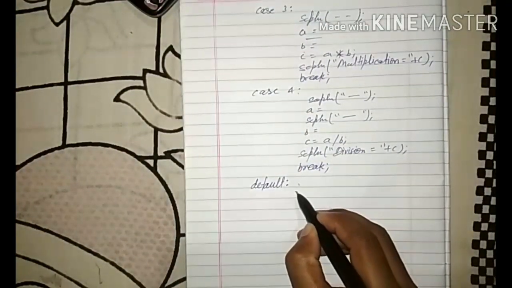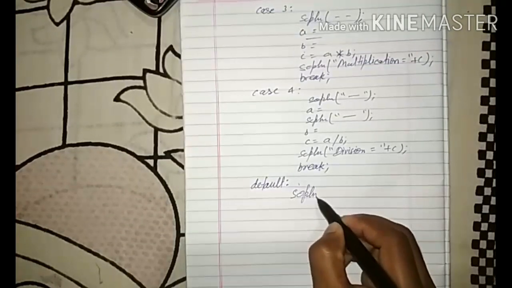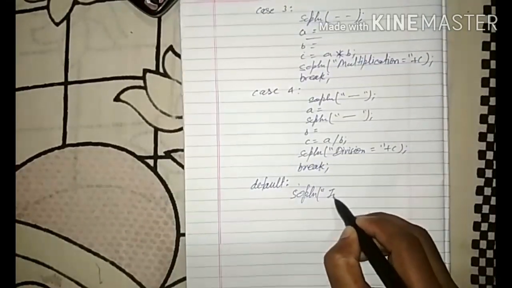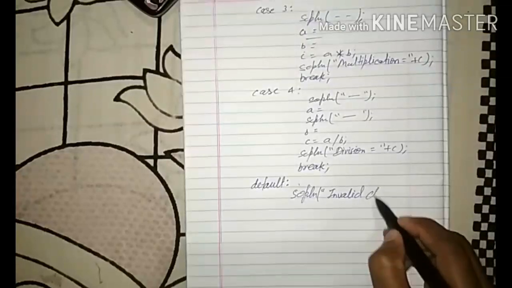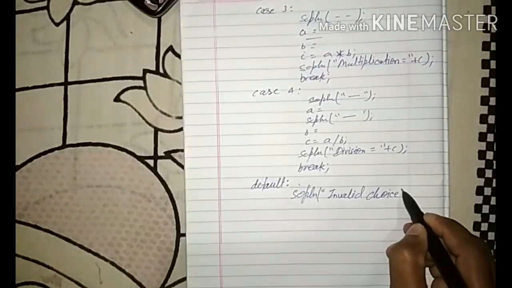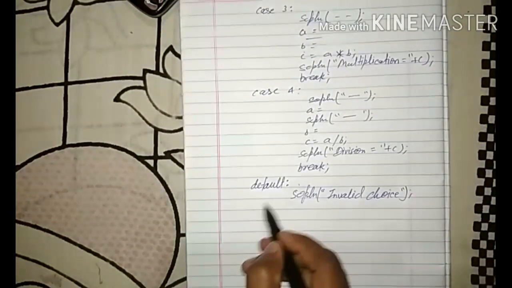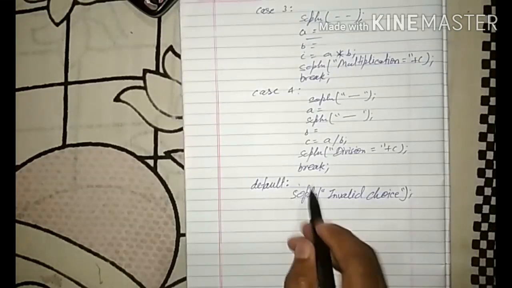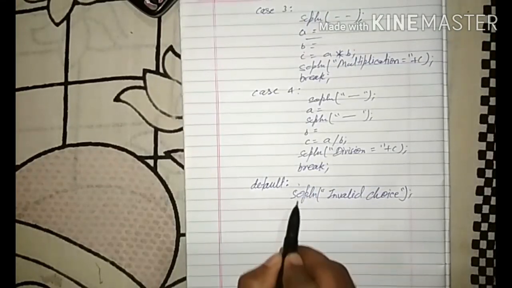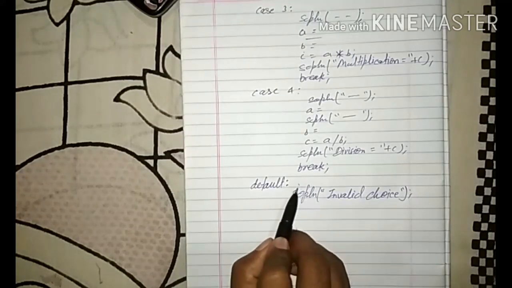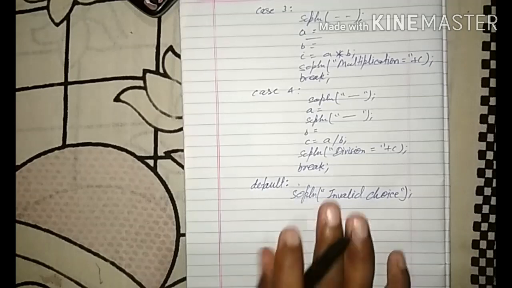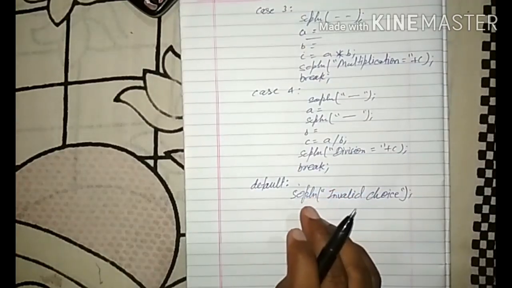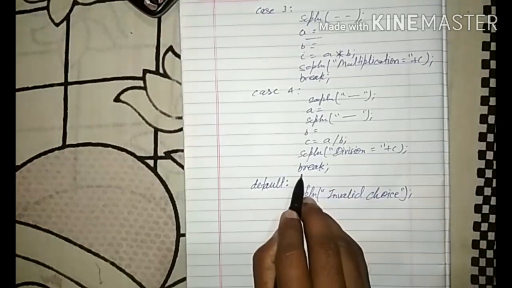You can write anything. I am writing here a default message like invalid choice. One thing more you have to mind: a default should not be breaked. It means in the default block there is no need to write a break statement.